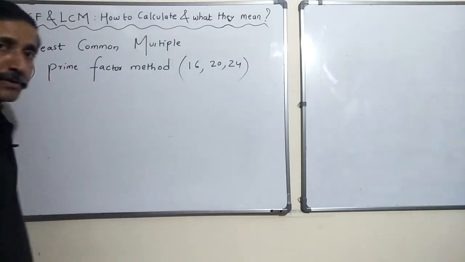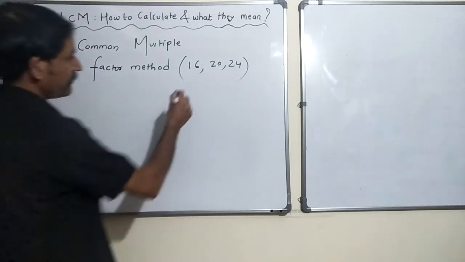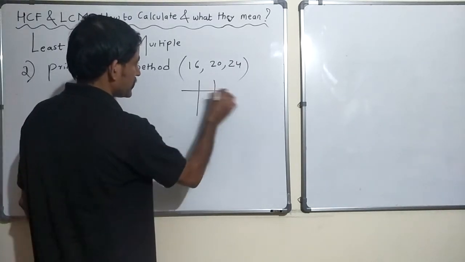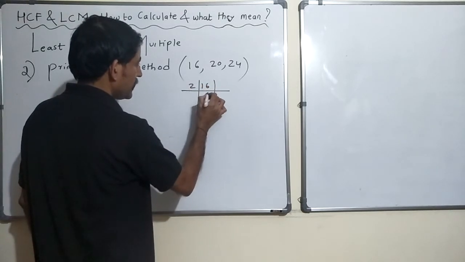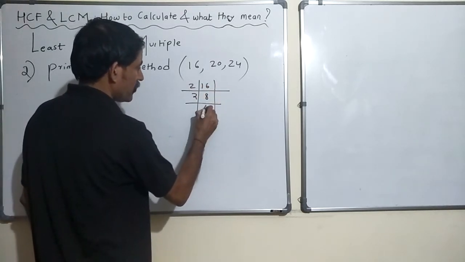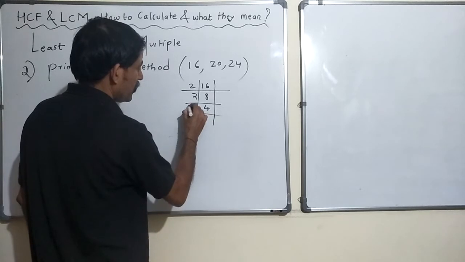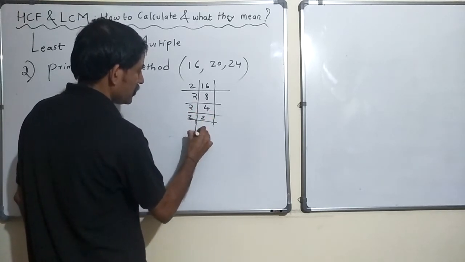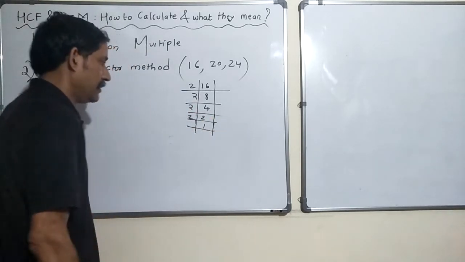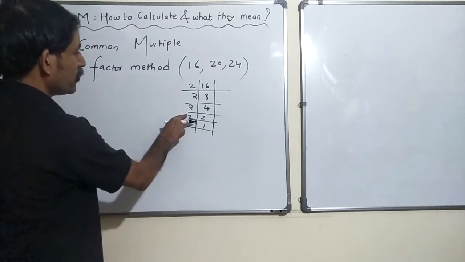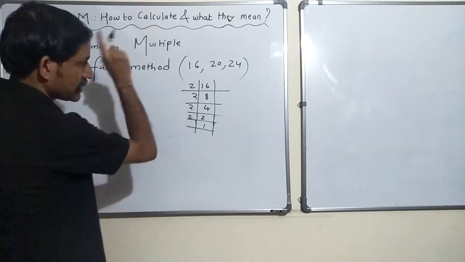Just as we did for HCF, we do the same thing. 16: 2s are 8, 2s are 4, 2s are 2, 2 2s are 1, done. 2 2s are 4, 4 2s are 8, 8 2s are 16, done.